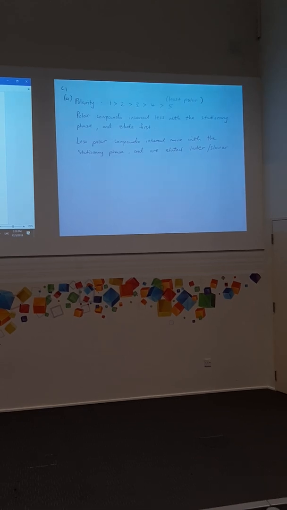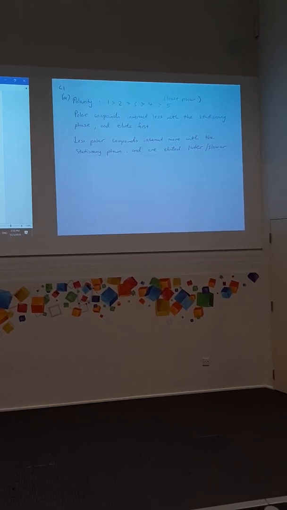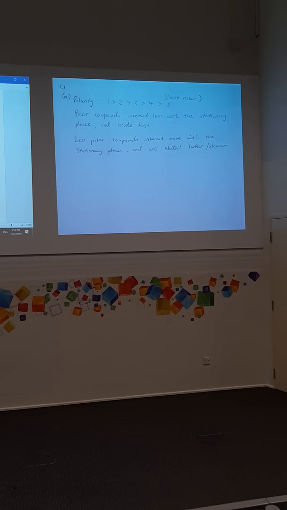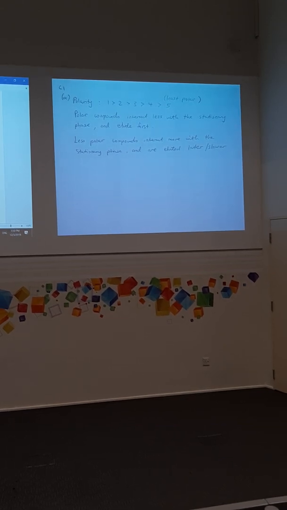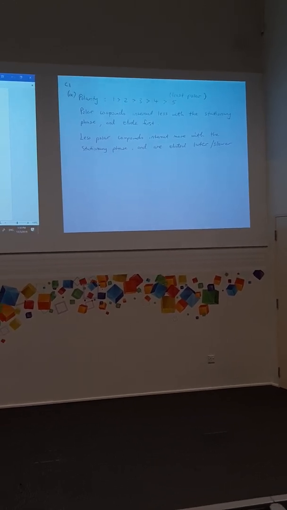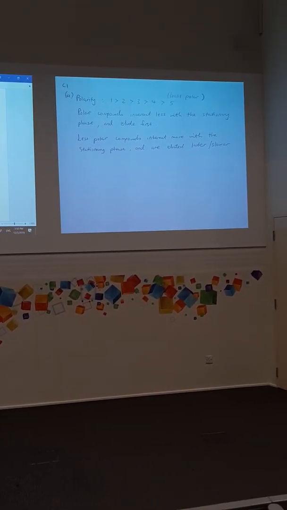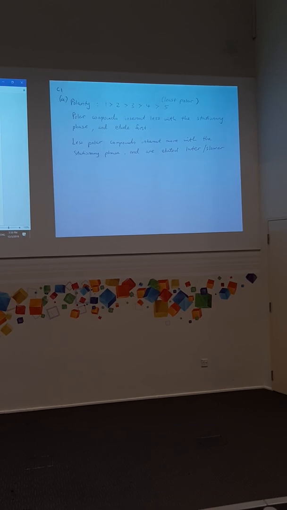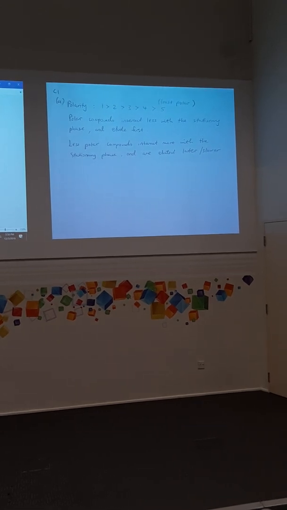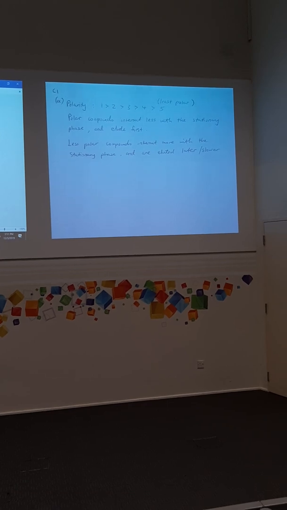And it's given that this particular GC column is a non-polar column. So straight away we know that if your target analyte is polar in nature, then they will have less interaction with the non-polar column. So that's why the more polar compound will come out first.